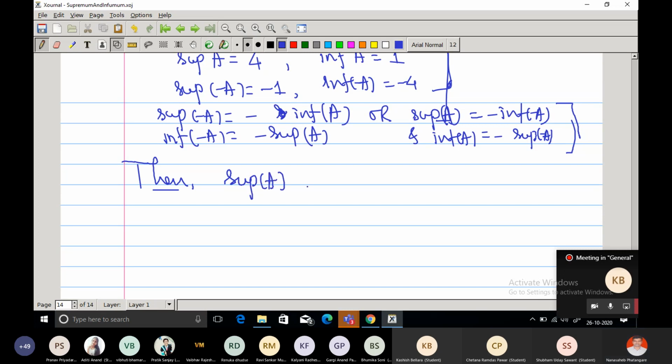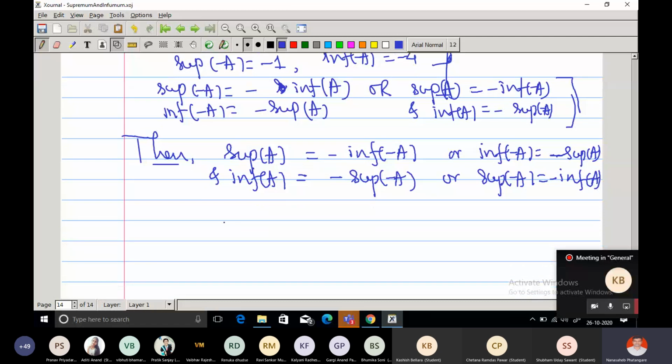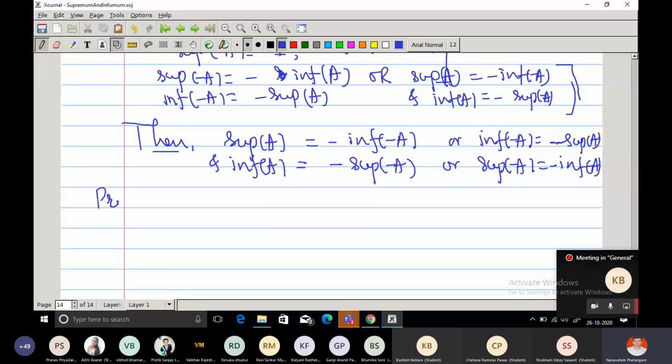So supremum of A is equal to minus infimum of minus A, or infimum of minus A is equal to minus supremum of A, same thing. And infimum of A is equal to minus supremum of minus A, or supremum of minus A is the same as minus infimum of A. So prove this.